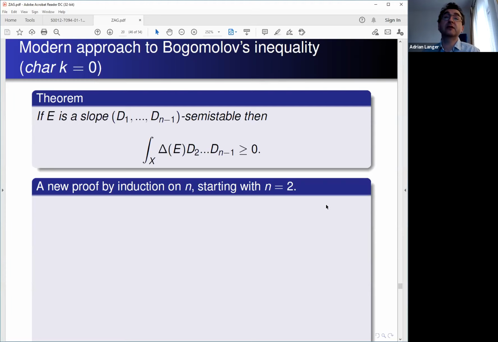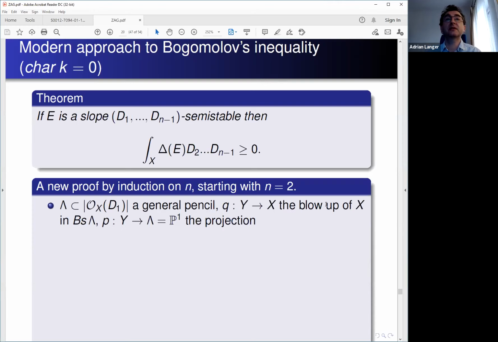And then this Bogomolov's inequality works in exactly the same way as written here. And then I would like to give a proof of this result, just because nowadays it's pure fun to do that. And it's very easy.